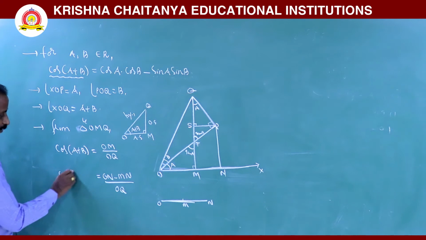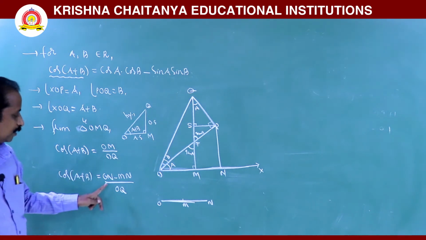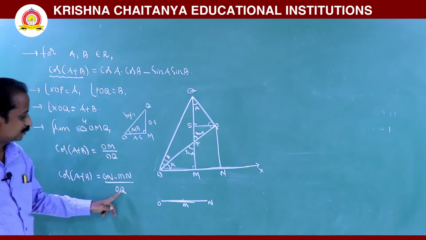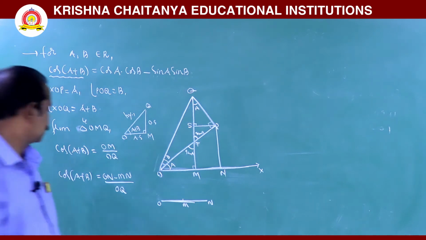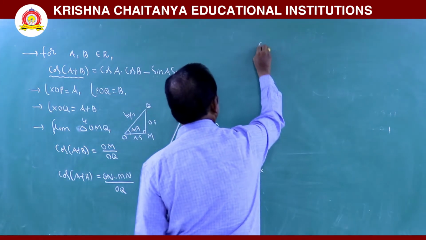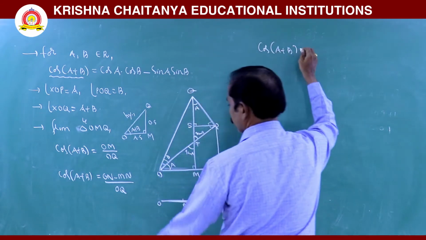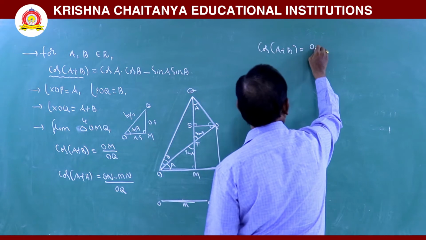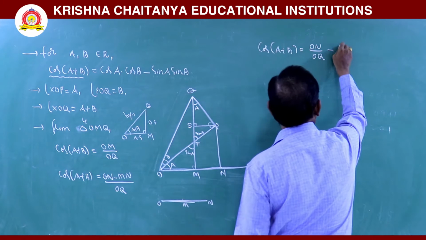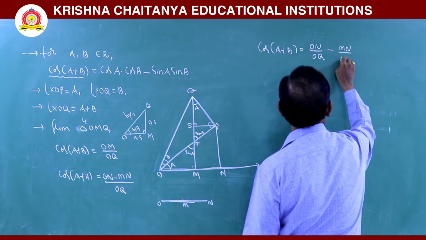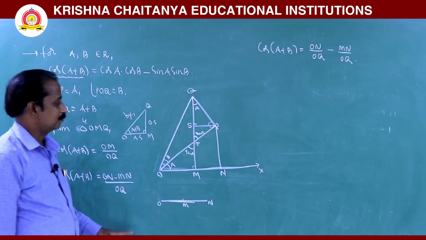This is nothing but cos of A plus B. So I can write A minus B by C as A by C minus B by C. Using that, cos of A plus B is equal to ON by OQ minus MN by OQ.